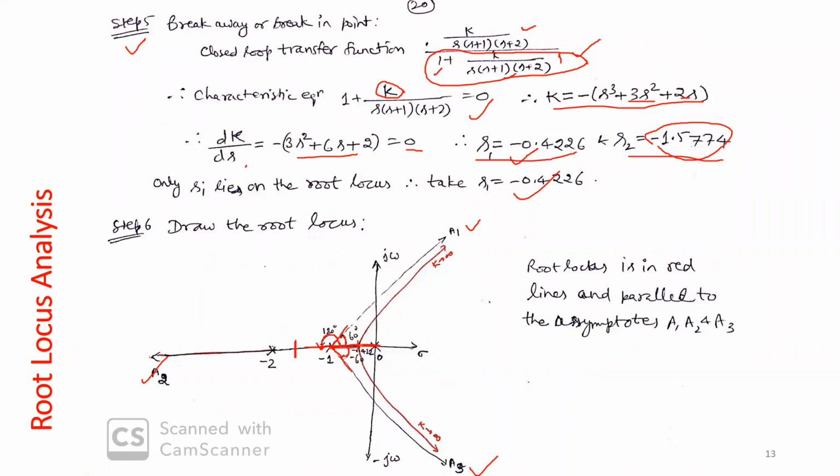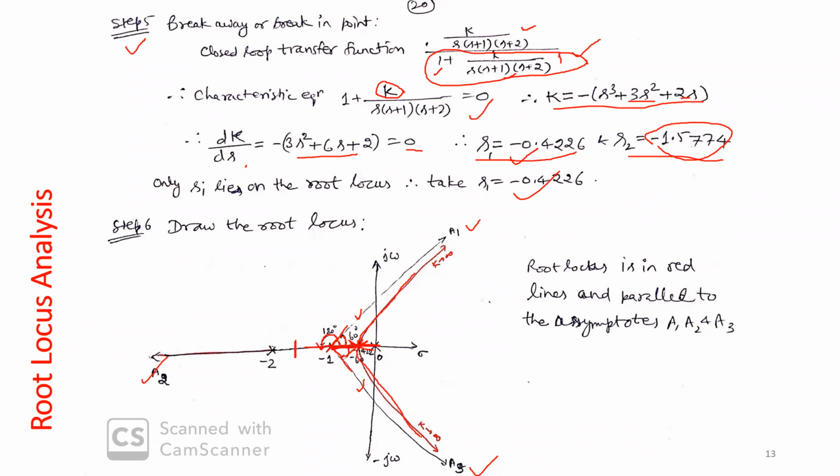From this point our root locus will start, and since it is between these poles, it will be a breakaway. So from here it will go to this point, and then it will move parallel to the asymptotes. So this is my asymptote, and it will go parallel to my asymptotes like this.